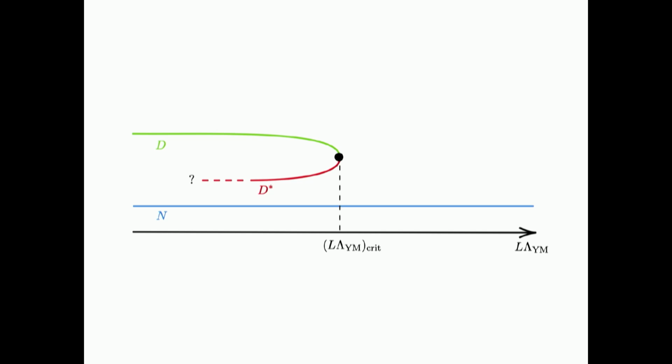And instead, for the Dirichlet boundary condition, what seems to be the case is that at some critical value, it merges and annihilates with another boundary condition, which we can call D star. At the moment, the nature of this other boundary condition that merges with the Dirichlet is not very clear at weak coupling. So we don't know what the origin of this D star is from weak coupling. But that's what seems to be happening.